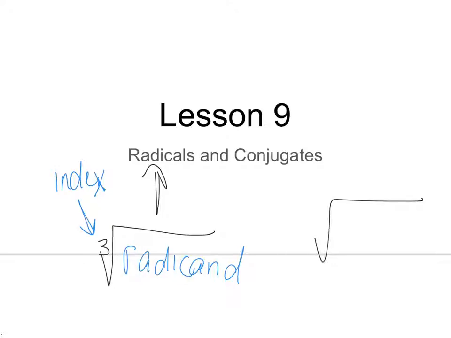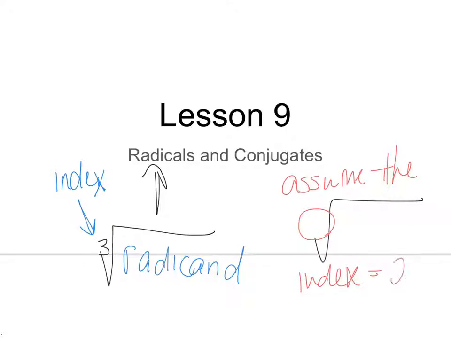When there's nothing written there, we assume the index is equal to 2. Okay, so when there's nothing there, we always assume the index is 2. But if there is something there, then we know the index is what's written.